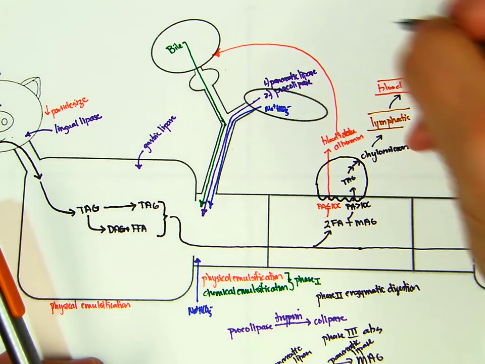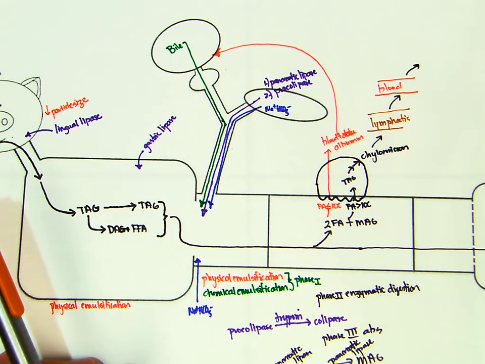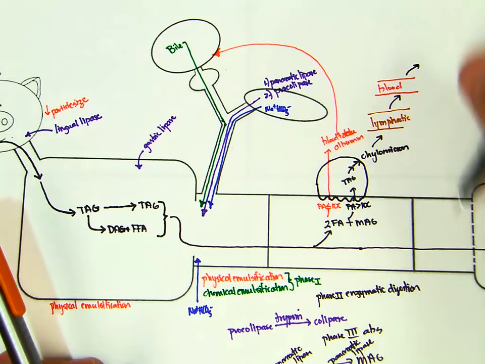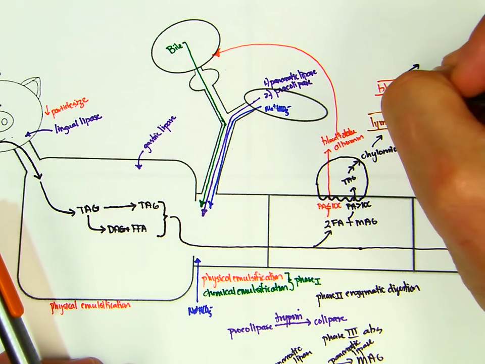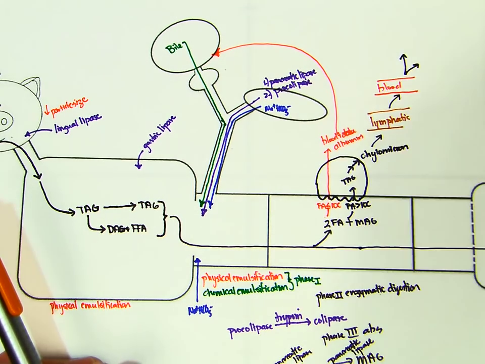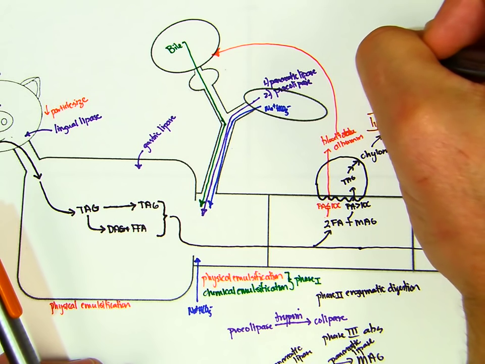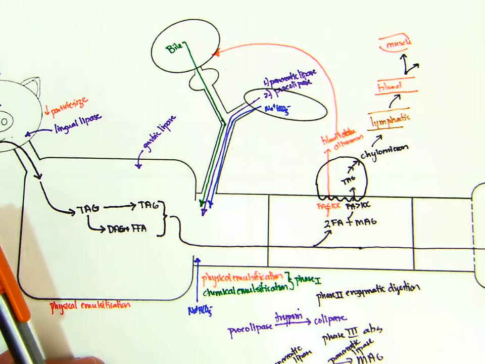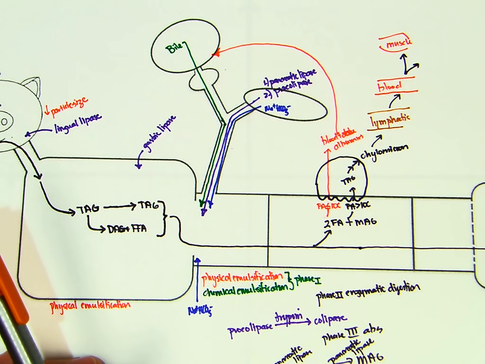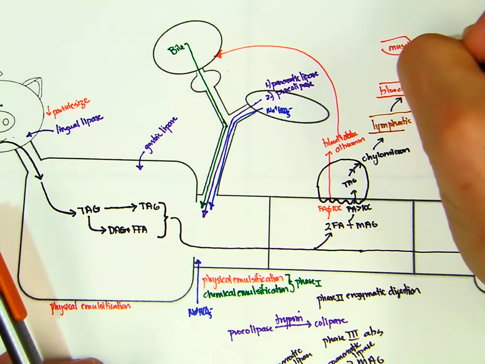From the blood, it's going to go to 2 places. The muscle. And the adipose.